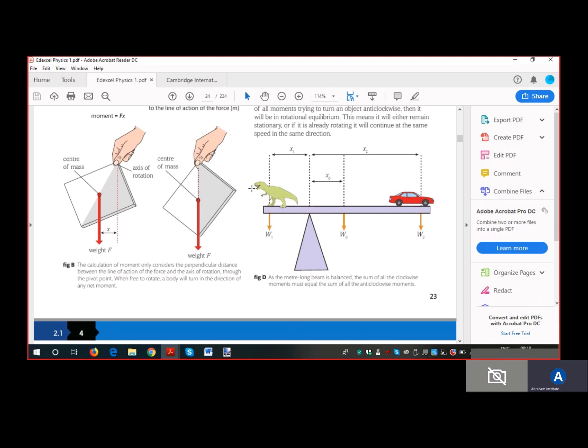Okay, but when the dinosaur is here, by Newton's third law, the normal contact force exerted by the plank on the dinosaur should be equal to the normal contact force exerted by the dinosaur on the plank. So over here you have the normal contact force exerted by the dinosaur on the plank, downwards. That is a Newton's third law pair with the normal contact force exerted by the plank on the dinosaur.